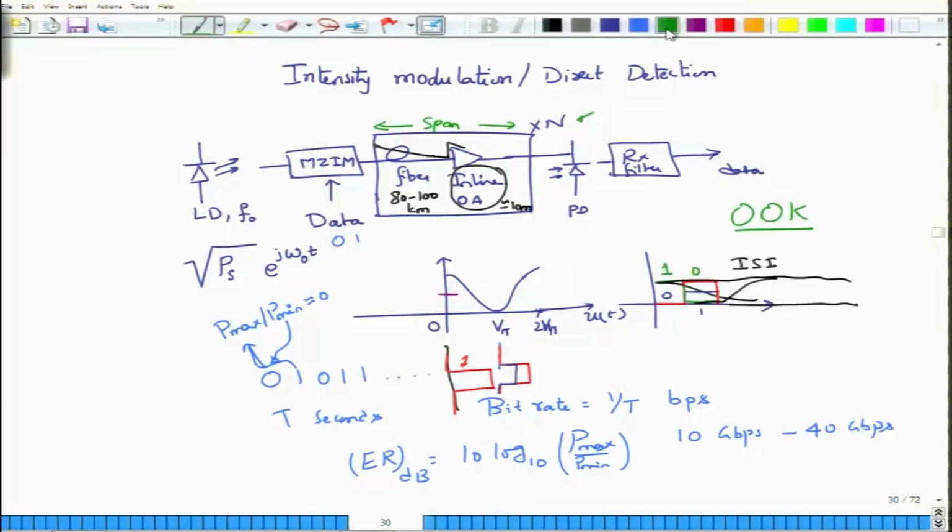it can be done by placing fibers strategically, and these fibers are called dispersion compensating fibers.